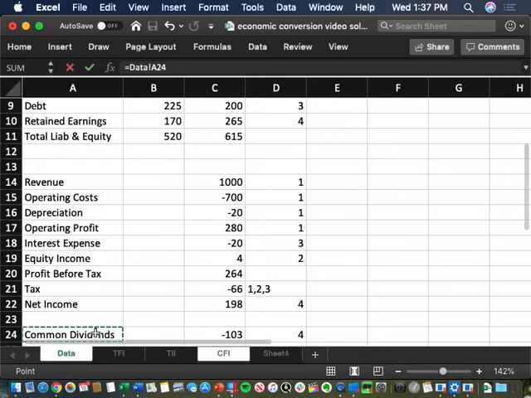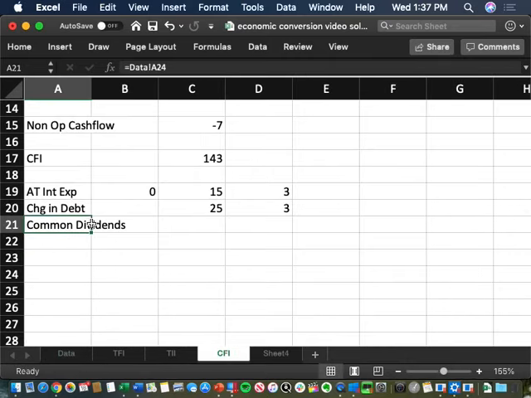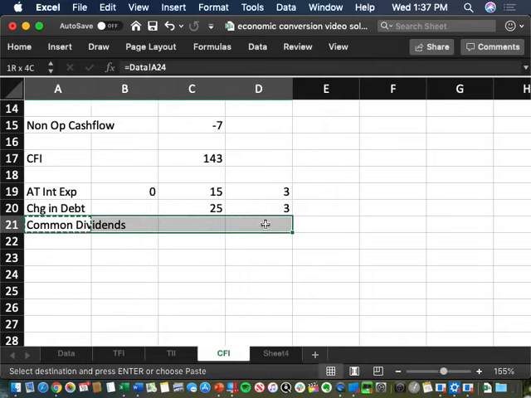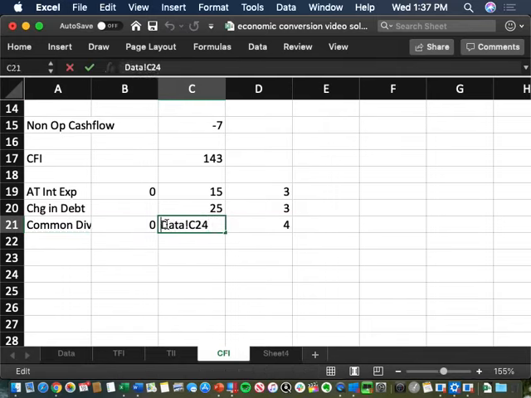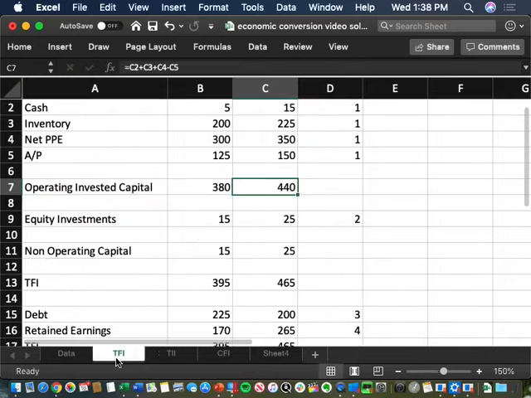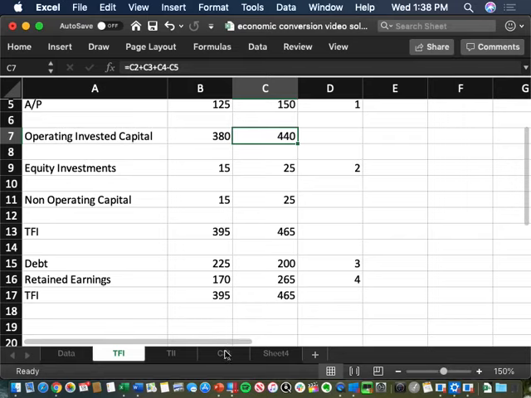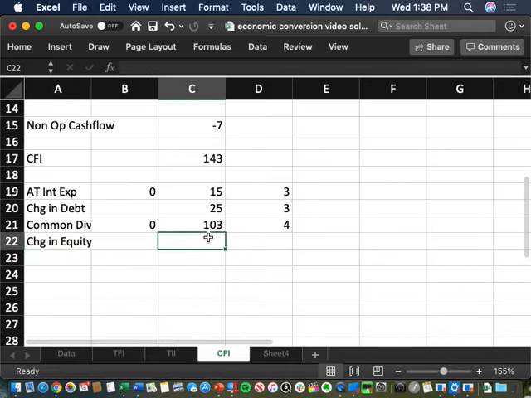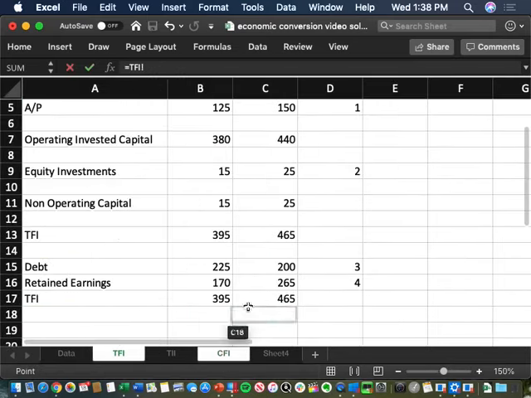So on the CFI, our dividends, the actual cash paid, was 103. And that's a positive number because it's actually a payment to the shareholders. And then we have our change in equity. Now, the only 4 that we have is retained earnings. So my retained earnings went up, equals 265 minus 170.